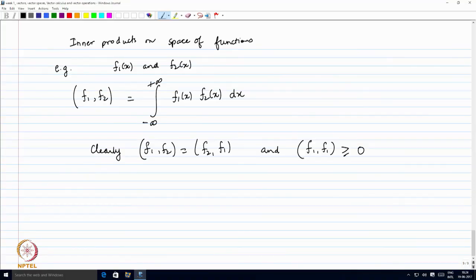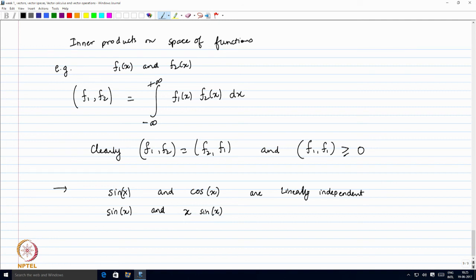So, just to conclude, let me mention that suppose you take the functions sine of x and cosine of x. These are linearly independent. Similarly, if you take sine of x and x sine of x, this x sine of x is another function.